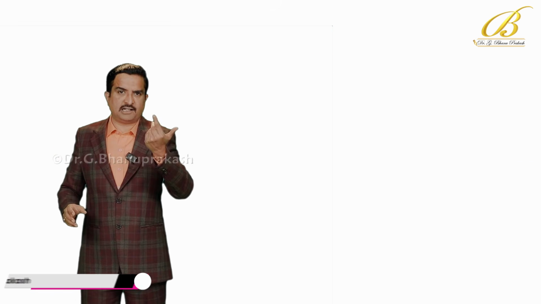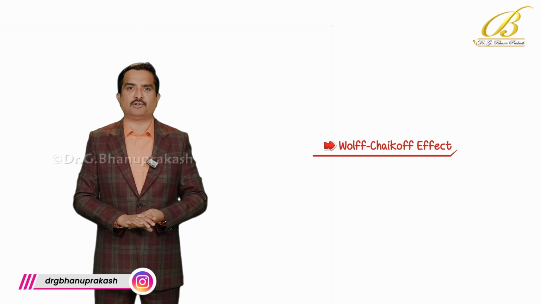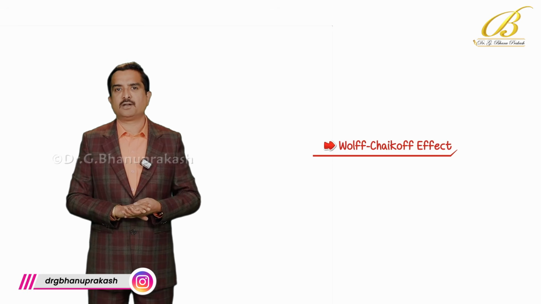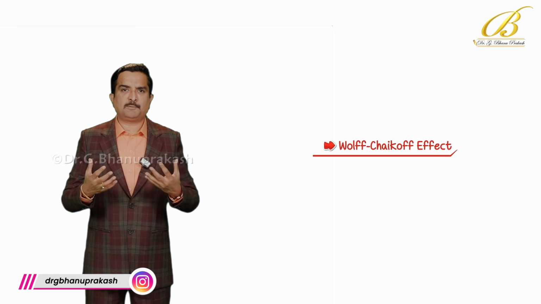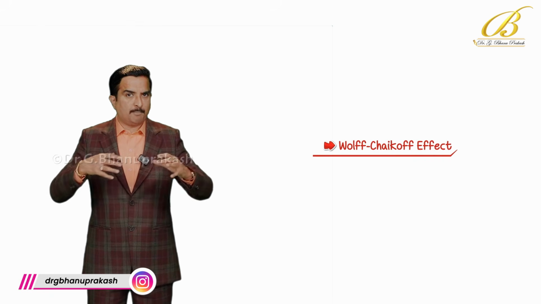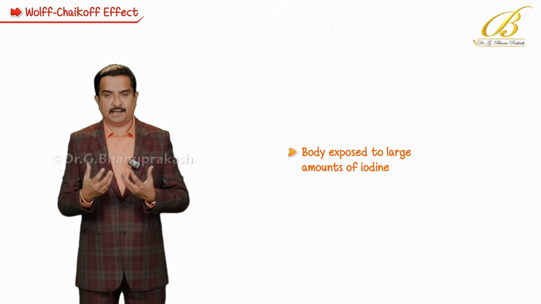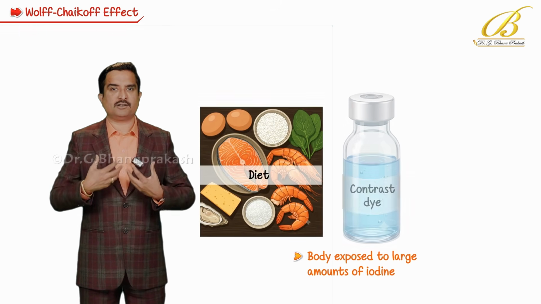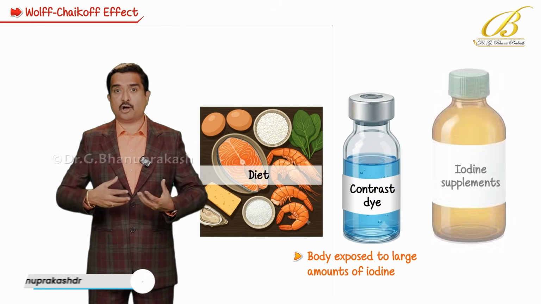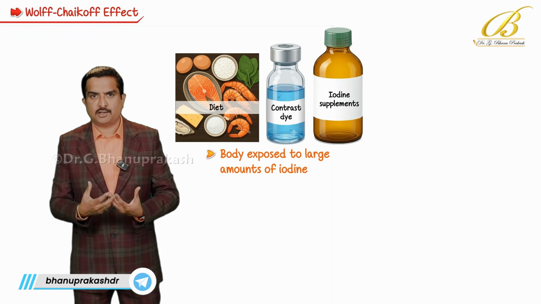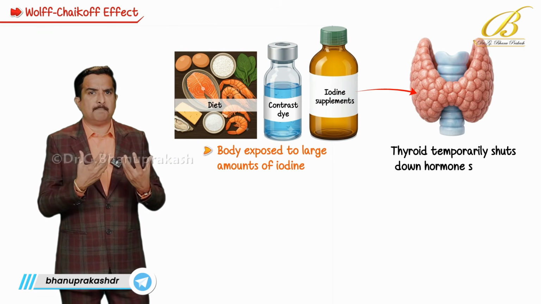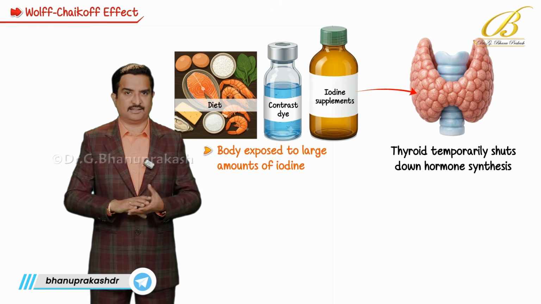Next, another important clinical aspect is the Wolff-Chaikoff effect. When the body is exposed to large amounts of iodine, like through diet, contrast dye or iodine supplementation, the thyroid temporarily shuts down hormone synthesis.